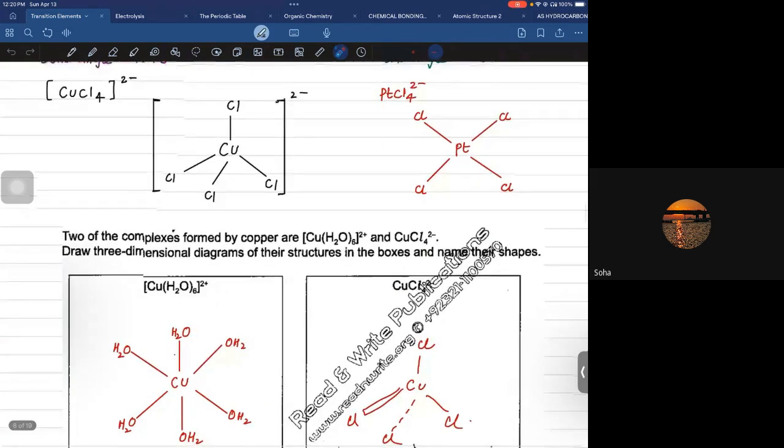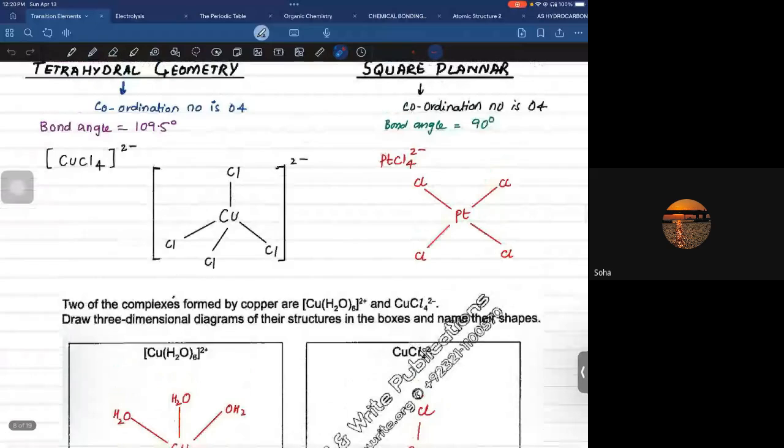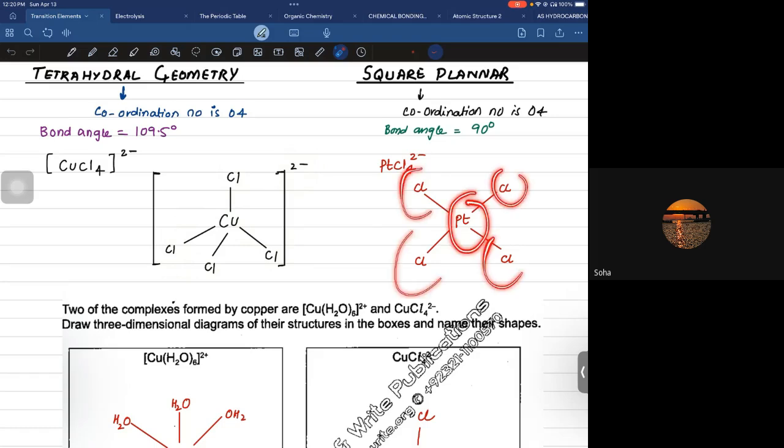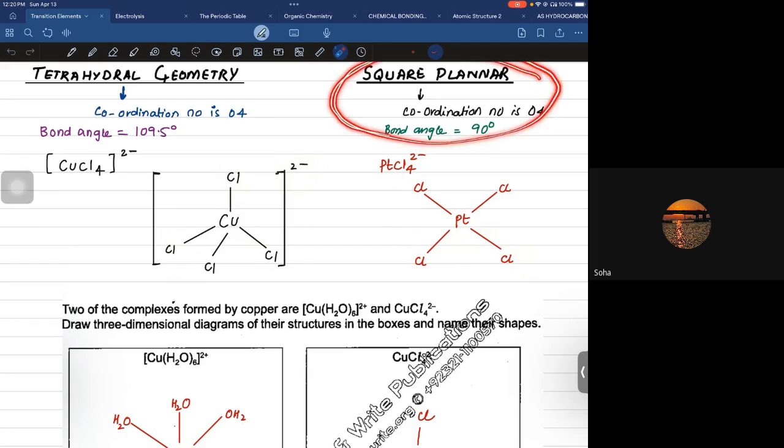So what I told you, I'm going to summarize it. If you can see copper and cobalt with chlorine, the charge is 2 minus, so it would be tetrahedral. And if you can see platinum, whether you have 4 chlorine or 2 chlorine and 2 NH3, then you can say it is square planar, the coordination number is 4 and the bond angle is 90 degrees.